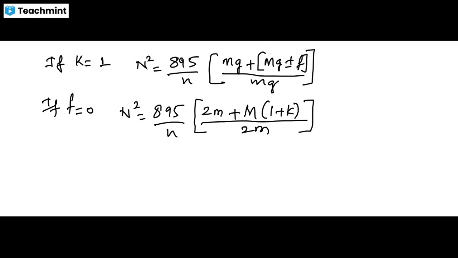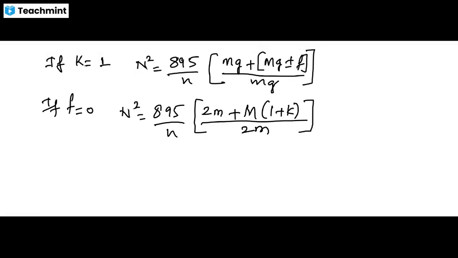So if you substitute f equal to 0 in the above equation, you are going to get 2m plus, in bracket, capital M, in bracket again 1 plus k divided by 2m.